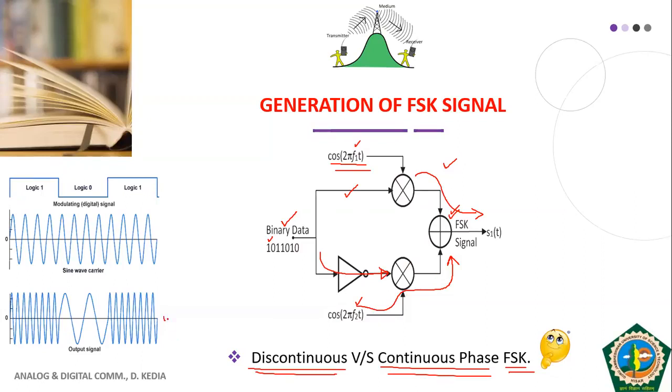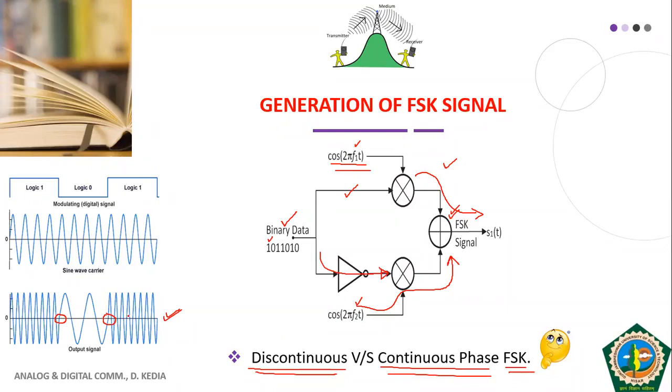If you look at this output FSK signal carefully, it seems to be continuous. But in case of discontinuous phase, where these two frequencies F1 and F2 are generated from two different sources, there will be discontinuity in the phase. You cannot match them, because their phases cannot be the same.